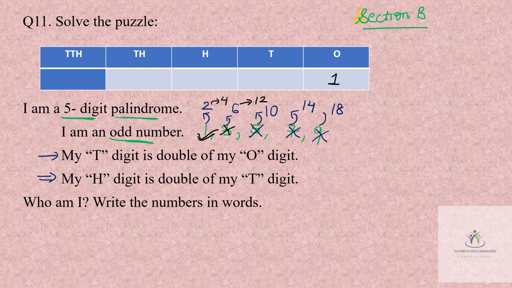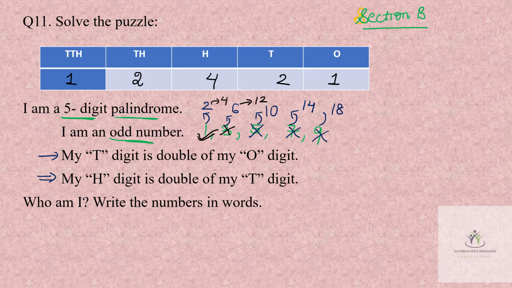1. Double of my units place is 2. And the hundreds place is double of my tens place, which is 4. Since it's a palindrome number, it should be the same from left to right or right to left. So this will also be 1. The next number is 2, so the second number is also 2.